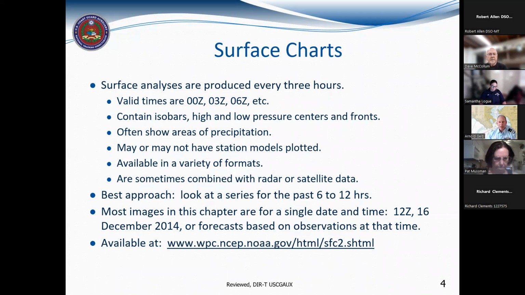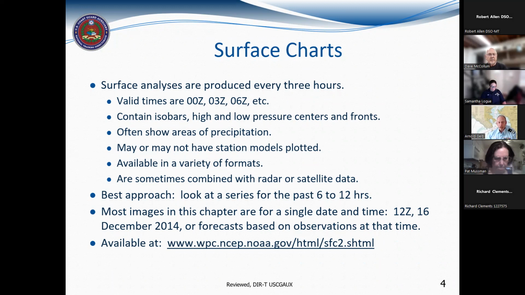It contains isobars as well as indications of both high and low pressure centers and their fronts, and often show areas of precipitation. Depending on how they're assembled, they may or may not include station models.